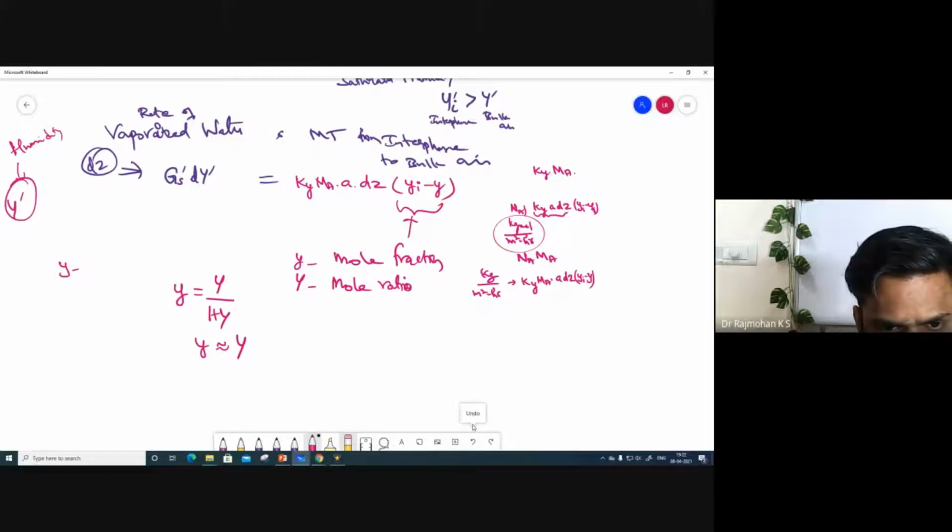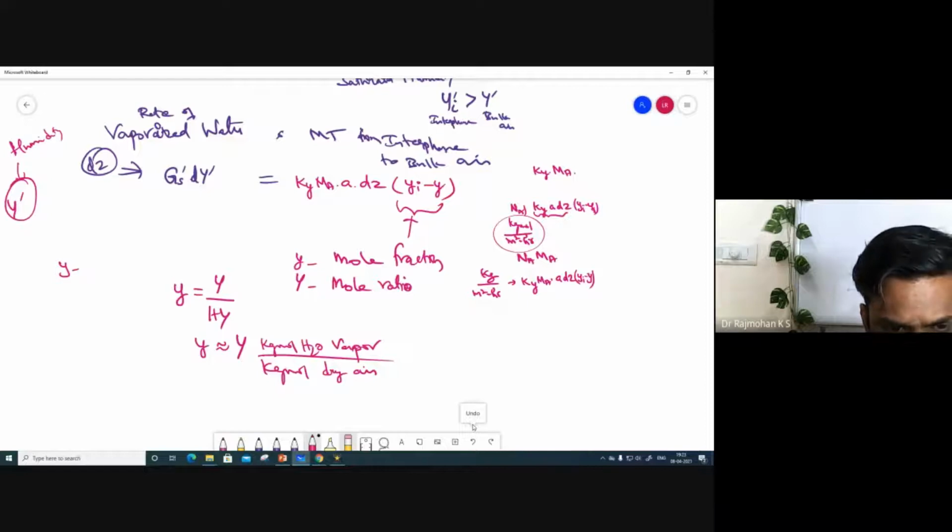And what is this actually? If it is mole ratio, it is kg moles of water vapor per kg moles of dry air.